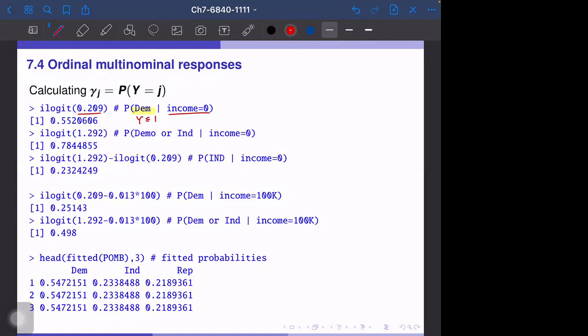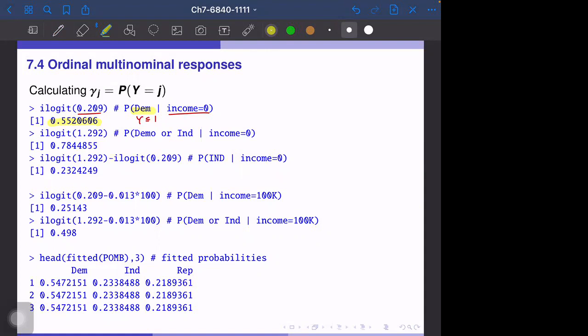We apply the inverse logit function to get the number 0.552. That means that if income is 0, the probability that a person is a Democrat is 55%.